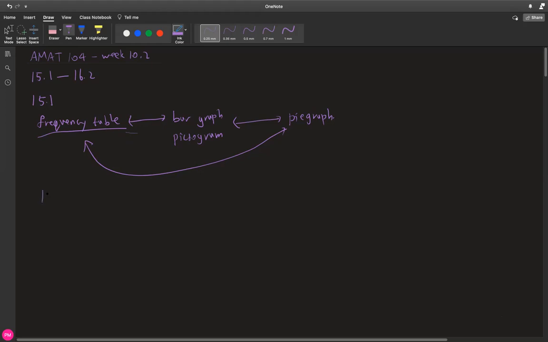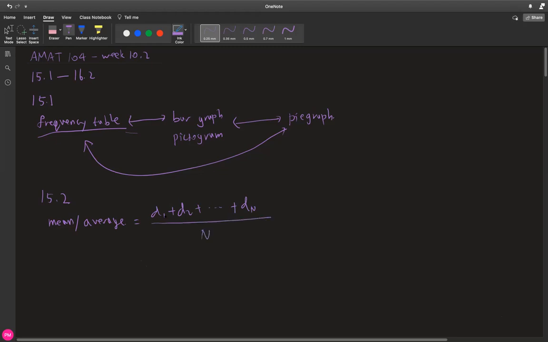So the calculations actually come in 15.2, and this is when we did the mean, median, and percentiles. The mean, or average, is simply D1, D2, all the way to Dn, and you're dividing it by n.